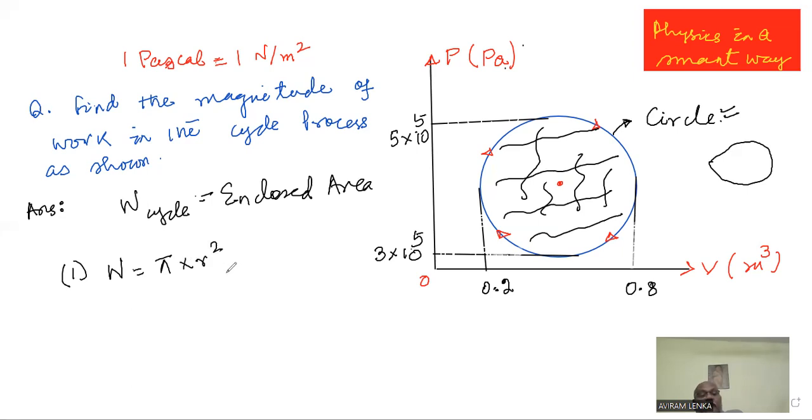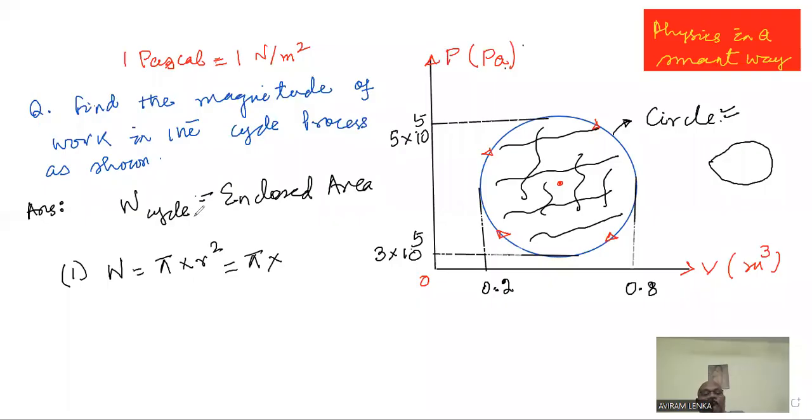So the student can think like this, because the area is pi r square.